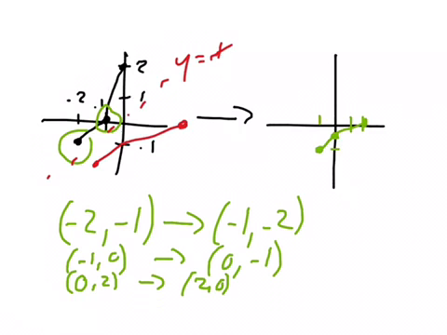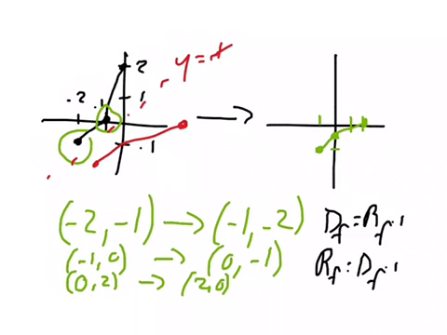Now what this means, as far as the domain and range, is that the domain of the function has to be equal to the range of the inverse, and the range of the function has to be equal to the domain of the inverse. Because we're switching those x's and y's, the domain, all the x's of the function, has to become the y's of the inverse, and the range of the function, the y's of the function, have to become the x's of the inverse.